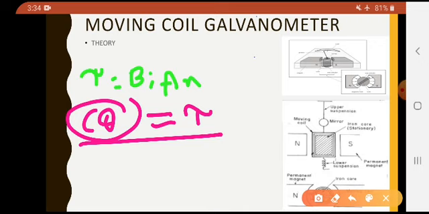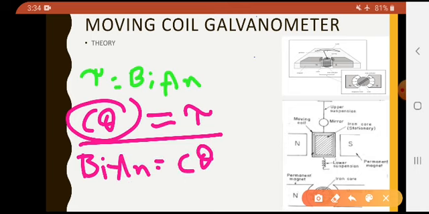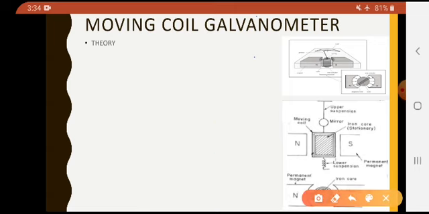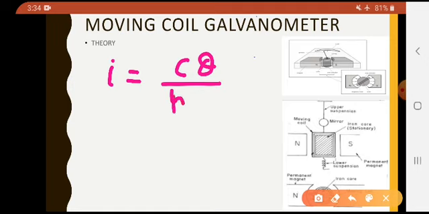So here BIAN equals C theta. This is a device which is used to measure the current. So I need the current. Taking all this, I equals C theta by N into BA.